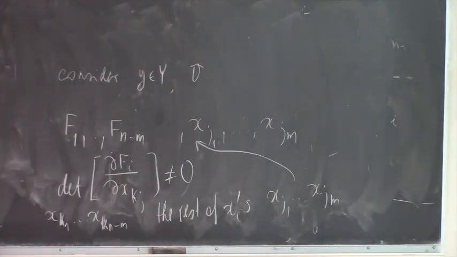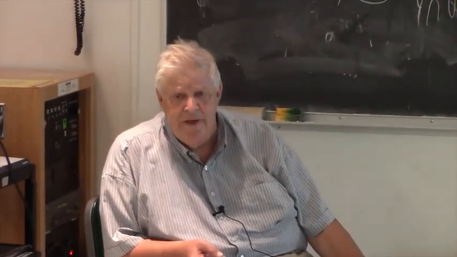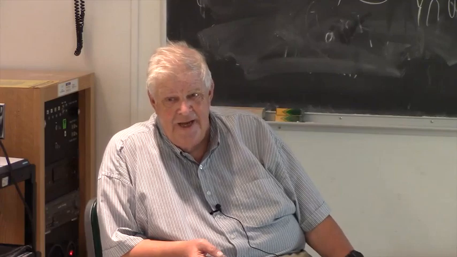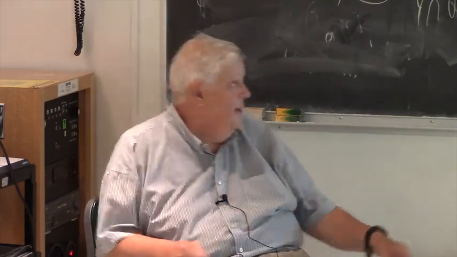So now we have n functions. Coordinates are functions, believe me. So we have n functions of n variables. What about the Jacobian? It is very much not 0. Why?